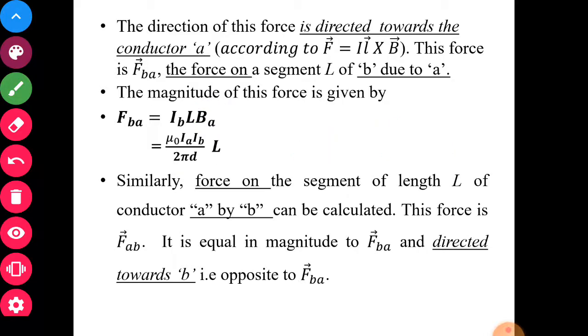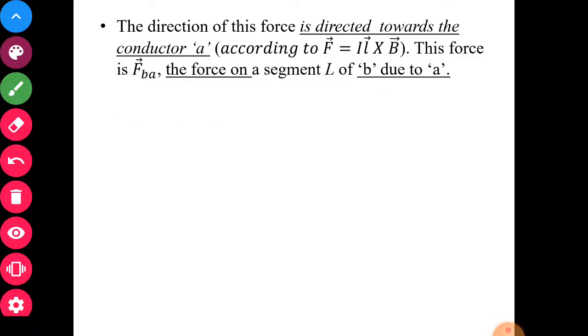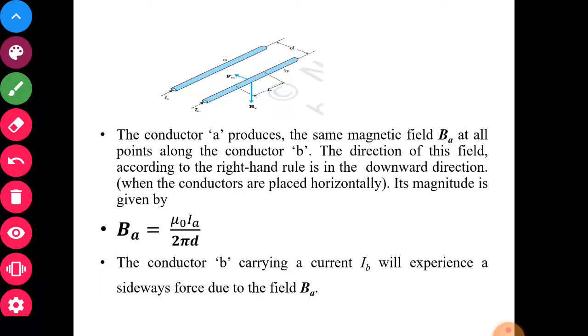Now the similar force on the segment of length L of conductor A by B can be calculated. We can call this force F_AB, force on A by B. It is equal in magnitude to F_BA and directed towards B, that is opposite to the force on B by A. If you want to find the force on A by B, then the direction of force will be towards B. Force on A by B will be this side.